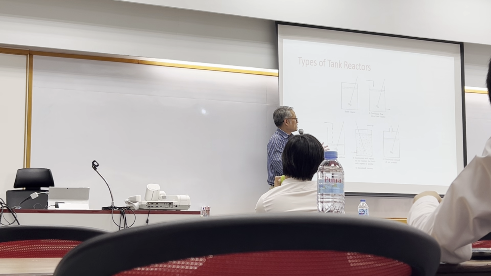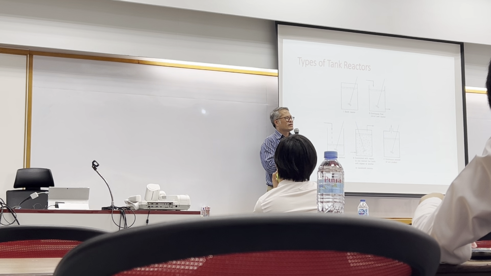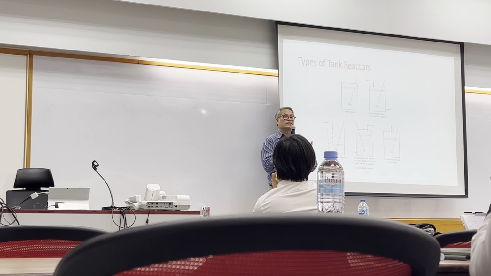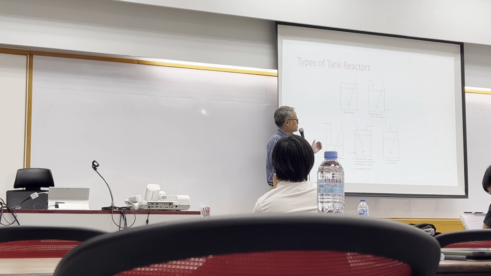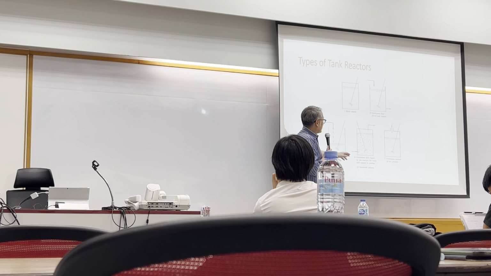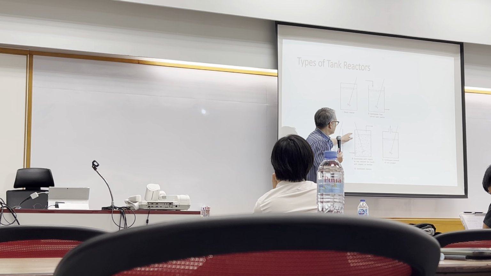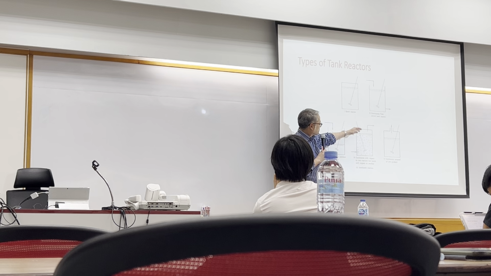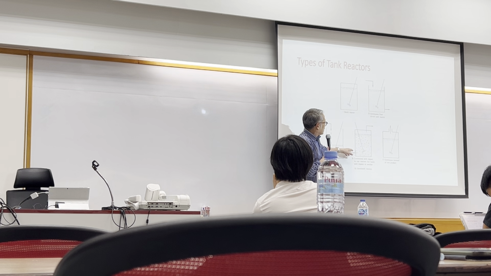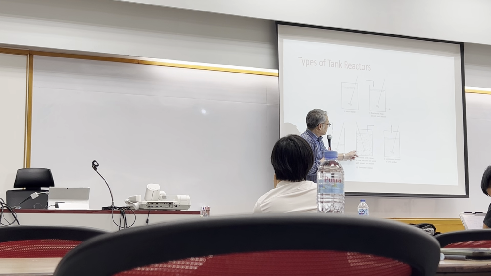It depends on the rate expression for the various reactions that happen in the reactor. Or, this is a tank reactor with liquid, and you keep feeding some gas into the reactor continuously.